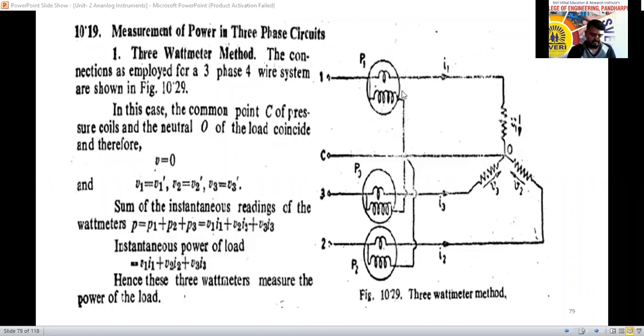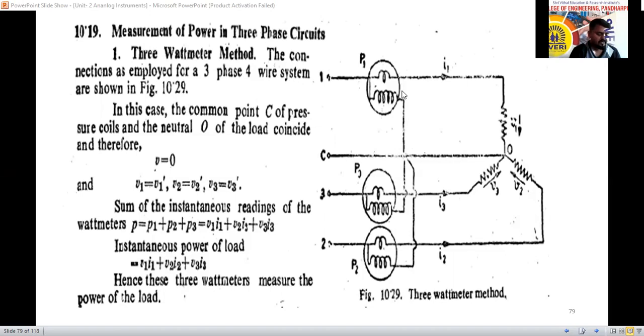Okay. The next topic is measurement of three-phase power in a three-phase circuit. Just now we have discussed the wattmeter method. By using the wattmeter, we can measure the power.